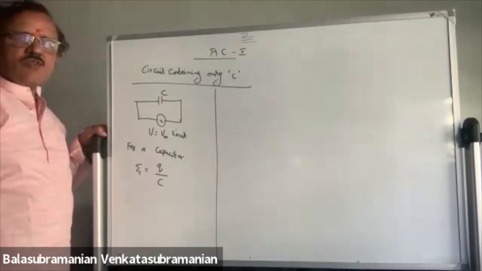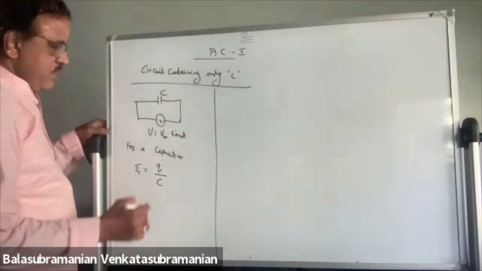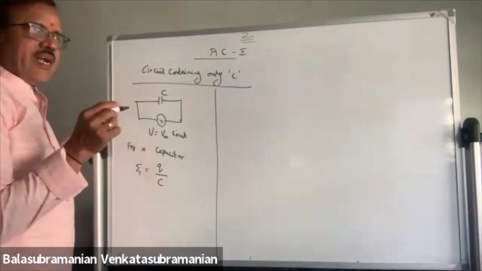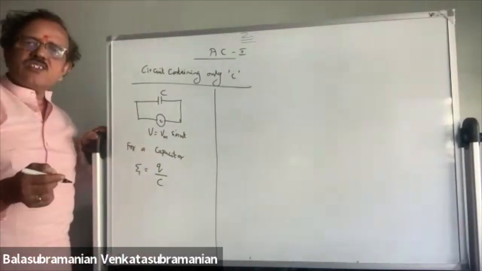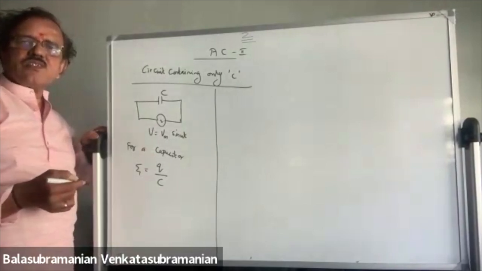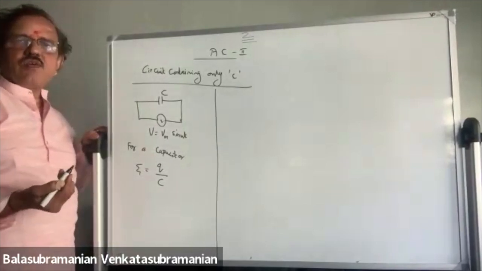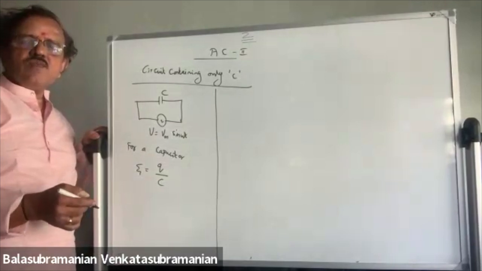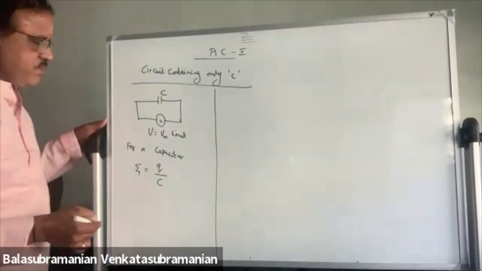First chapter electrostatics we have studied. So according to that, the relation connecting potential difference and capacitance, or EMF across the capacitor, is psi is equal to Q by C, where Q is the charge.